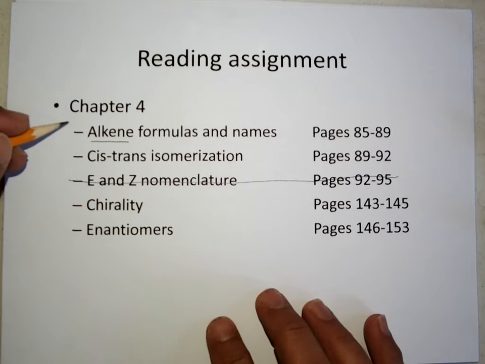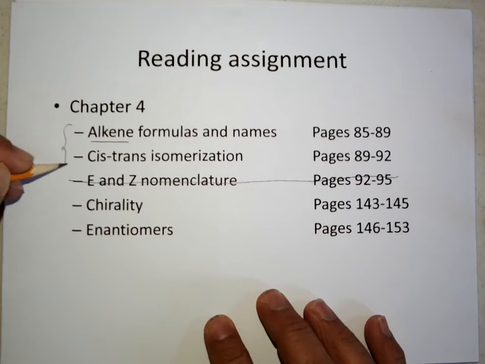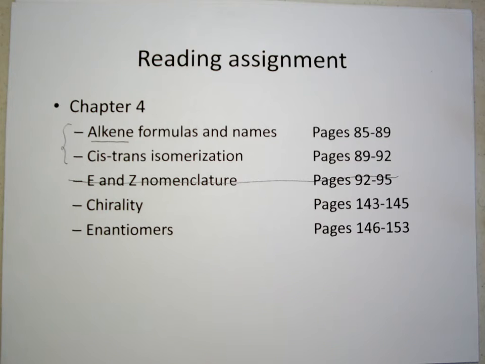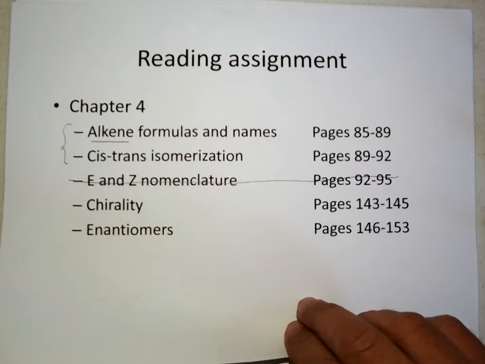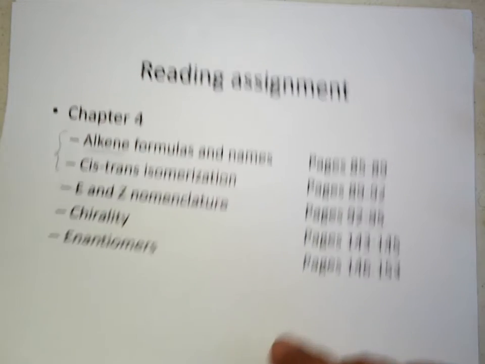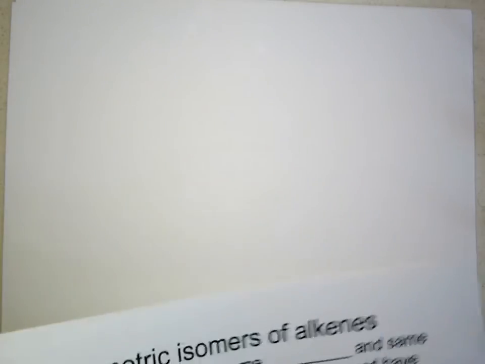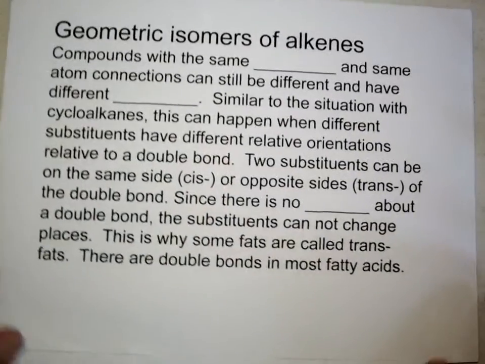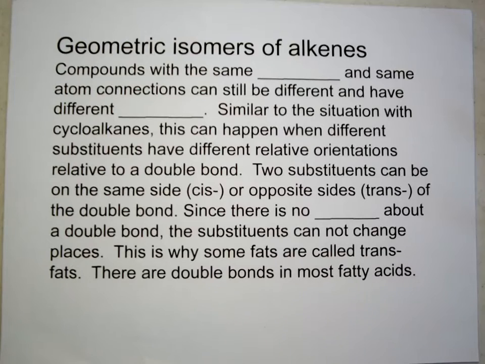So right now we're going to look at cis-trans isomerism for alkenes, and this is going to be fairly basic. So if you understood cis and trans isomers for cycloalkanes, such as dichlorocyclohexane, then you should be good here.